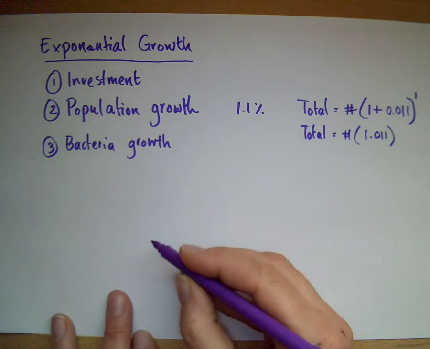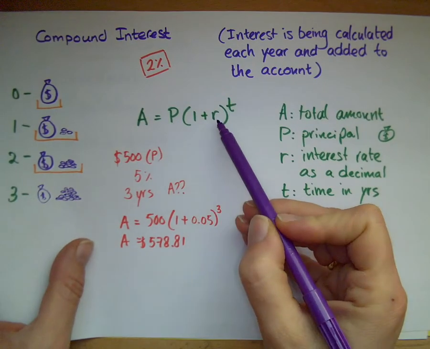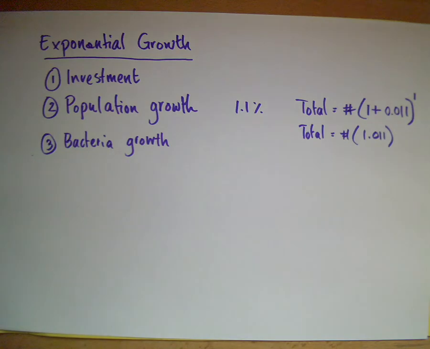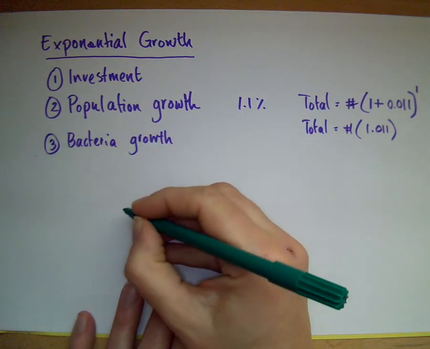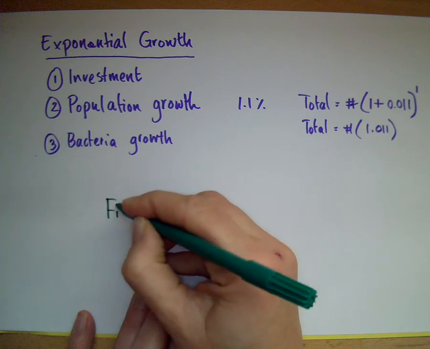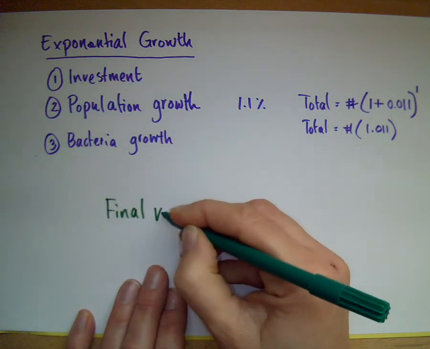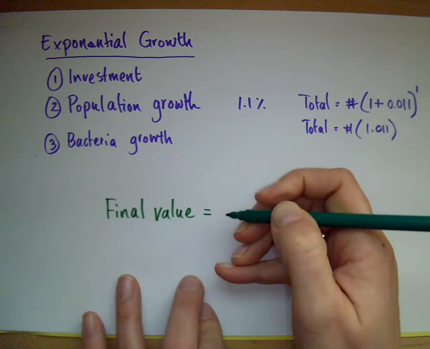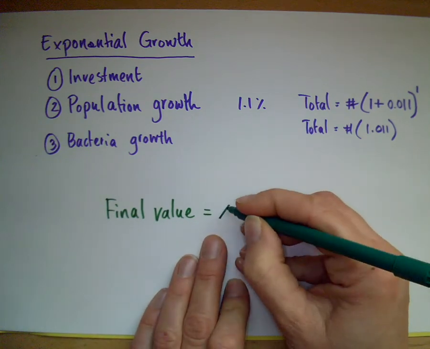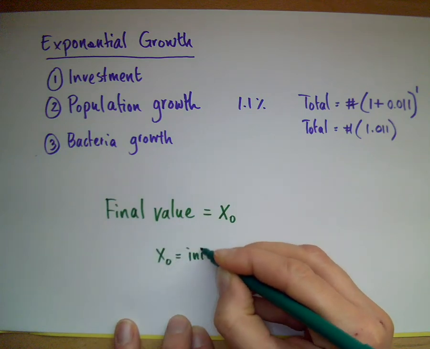Right, so we want a formula that does not involve the letters for compound interest, because there's no principal amount, there's no interest rate, right? So if we want an exponential growth function that'll work for any of these types of exponential growth, we can say the final value equals the initial value.